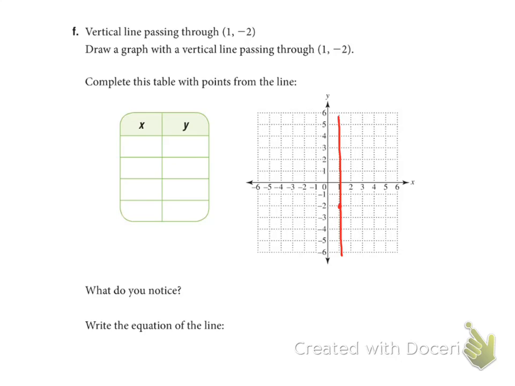Sorry, I had to think for a second. Negative 1, 1. Negative 1, 1 would be over here. So negative 1, 1 is not on the line.